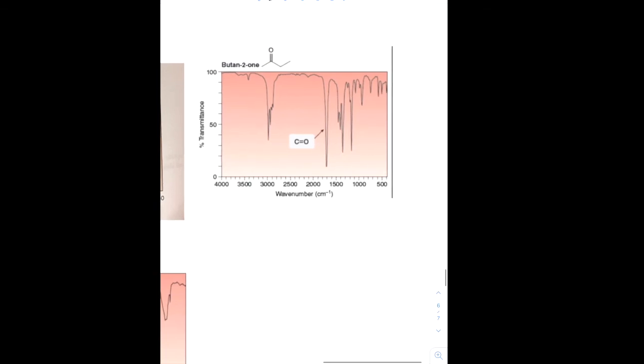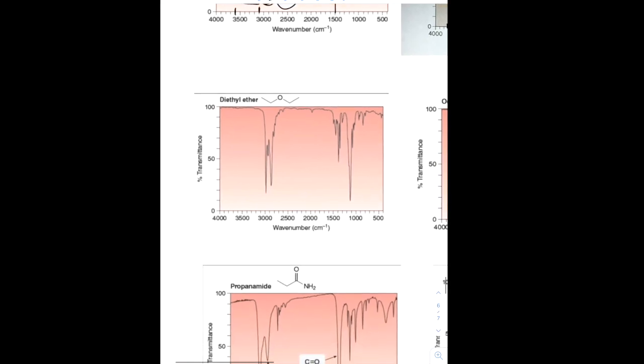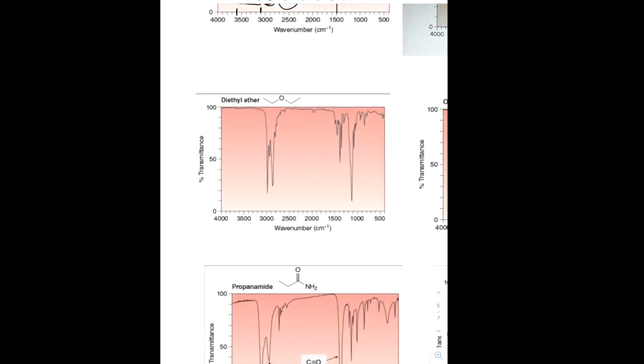Okay. Now looking at butan-2-one, or 2-butanone, this also has the characteristic C=O stretch, as well as the Csp3-H's, and that's pretty much it, as everything else occurs to the right of the 1500 mark. Okay. Now we have a diethyl ether.